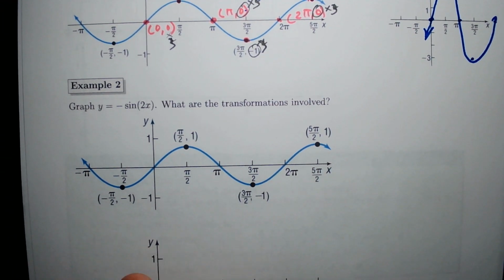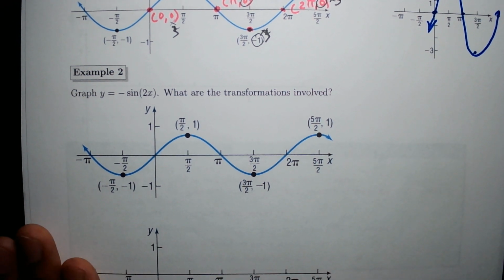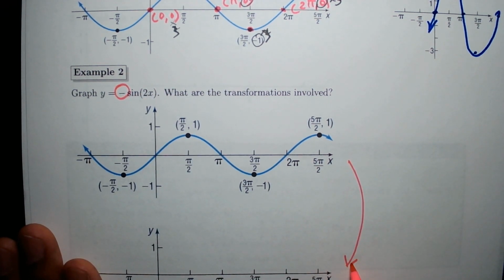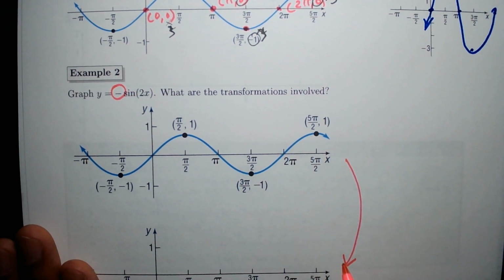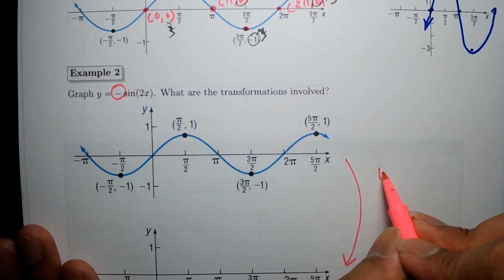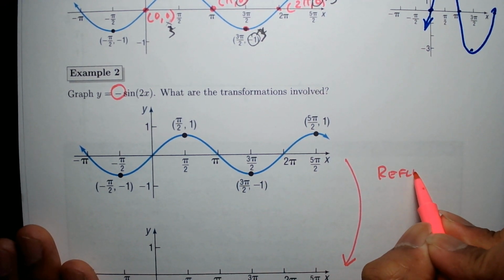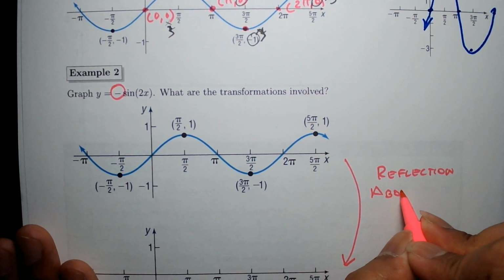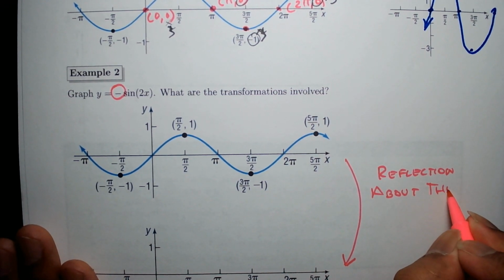Let's look at example 2. Well, this first transformation here, this negative, involves a reflection about the x-axis.